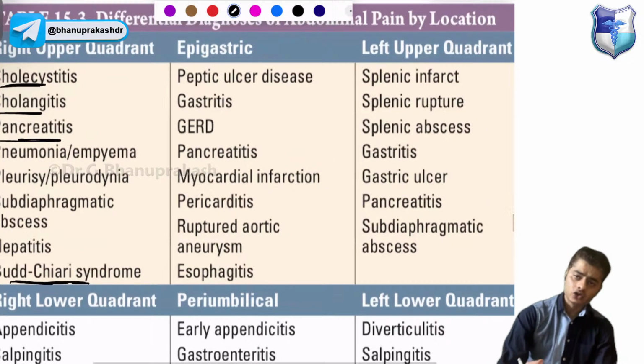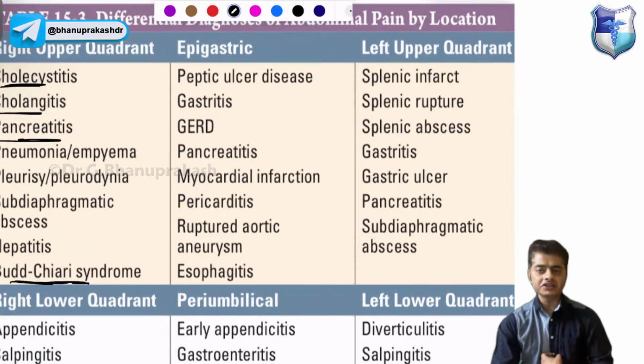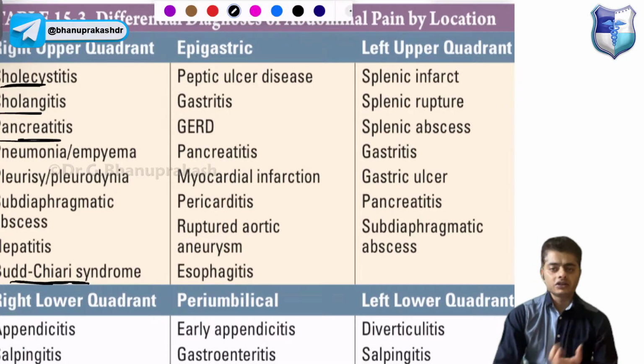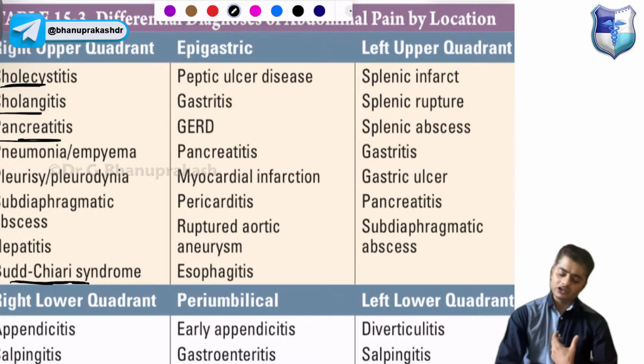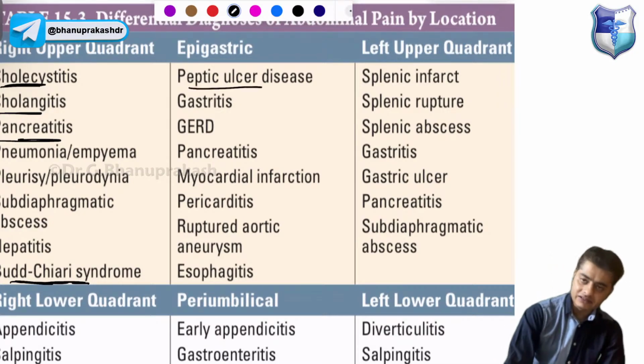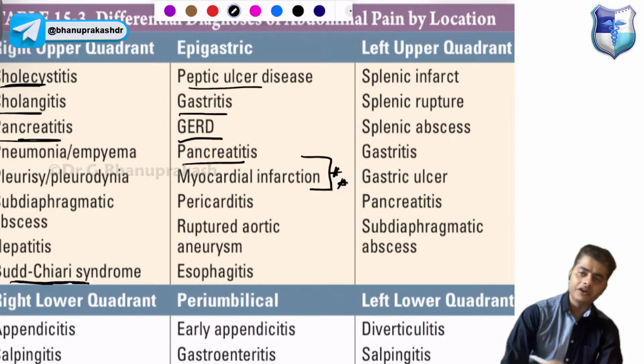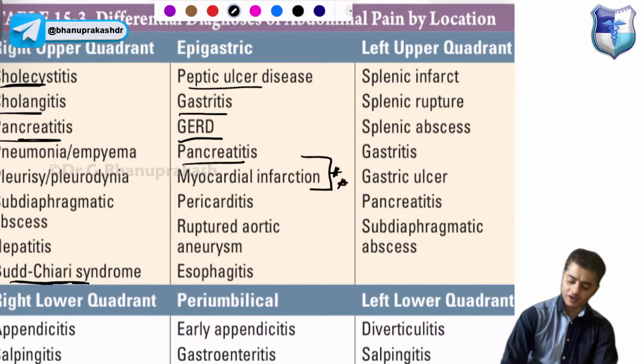When it comes to epigastric, what organs are in the epigastric region? They are your stomach, GIT part, pancreas, and esophagus. So peptic ulcer disease can be there. There can be gastritis, GERD, pancreatitis, and we all know that MI pain can radiate to your epigastric area.